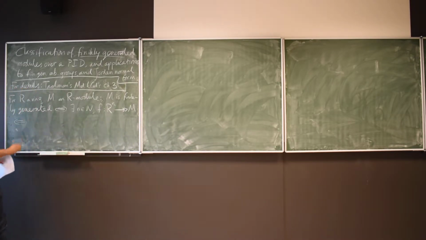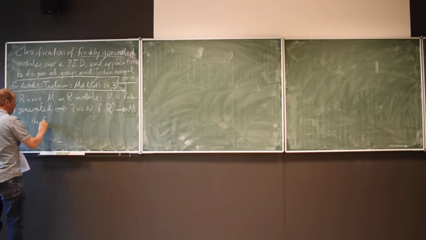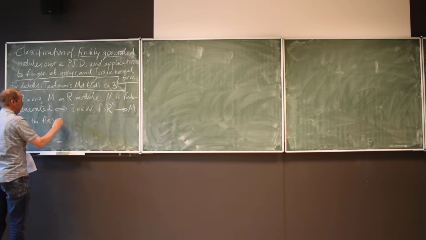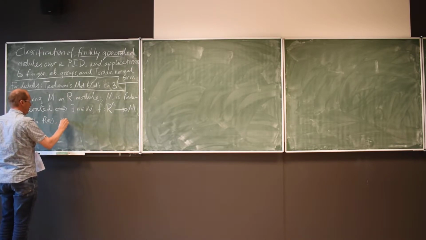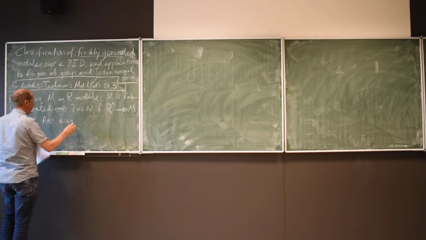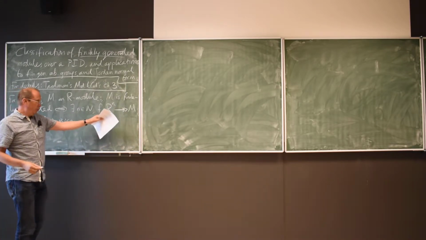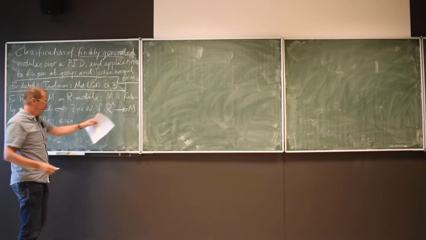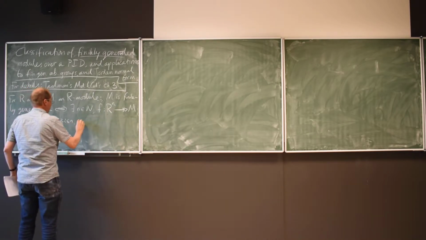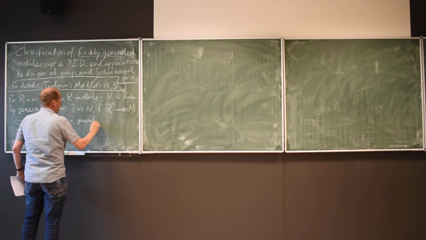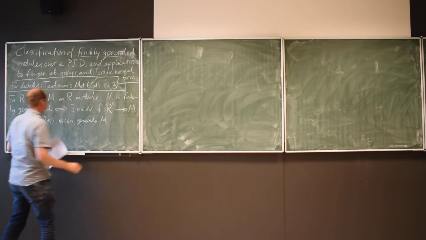Well, that's easy, because the f(e_i), where the e_i, 1 ≤ i ≤ n, are the natural basis vectors for R^n, generate M, and that is a finite set.